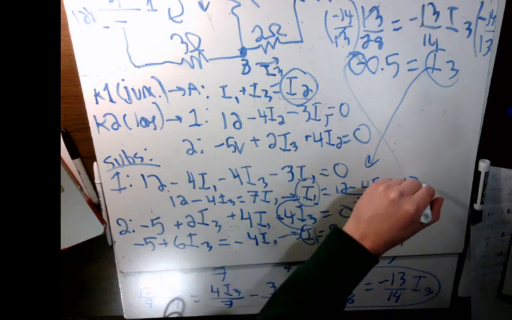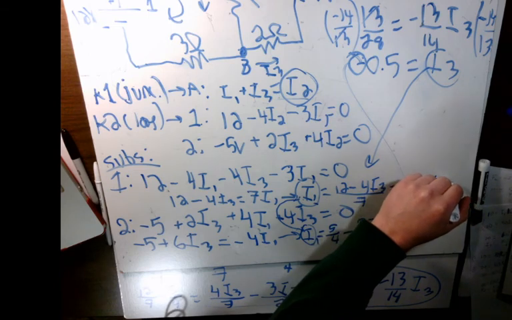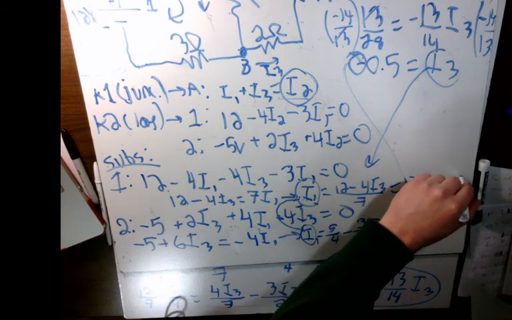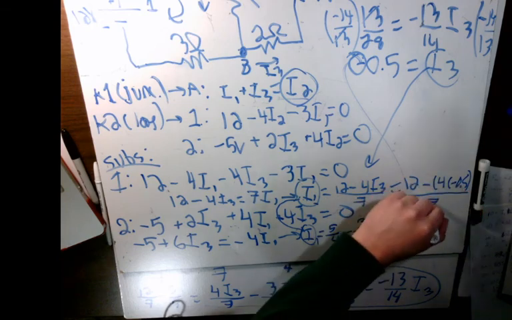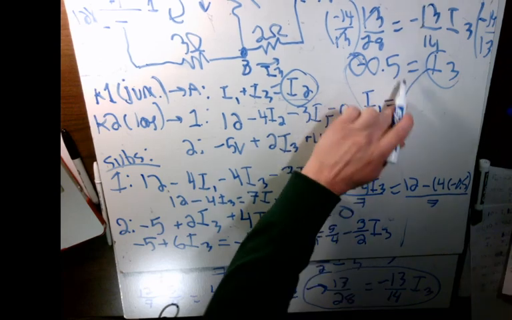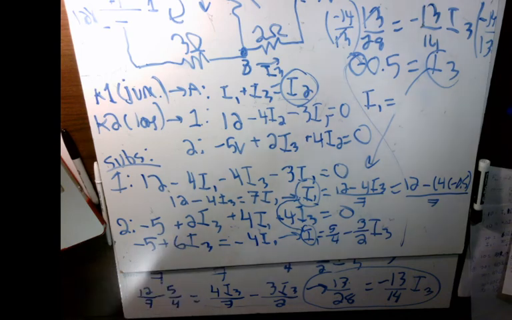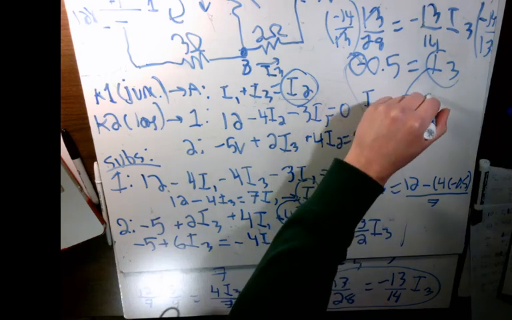So 12 minus 4 times negative 0.5 over 7 gives us I1 of... I have to actually calculate it. 12 plus 2. I don't actually have to calculate it. It's just 2. And it's positive.